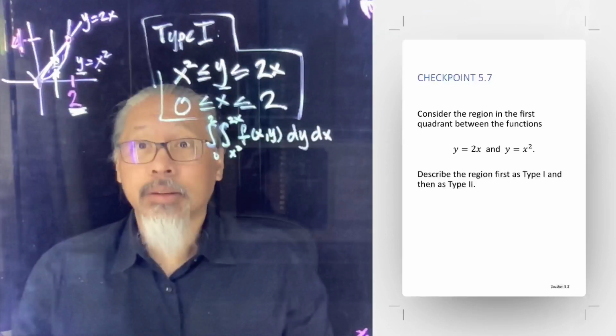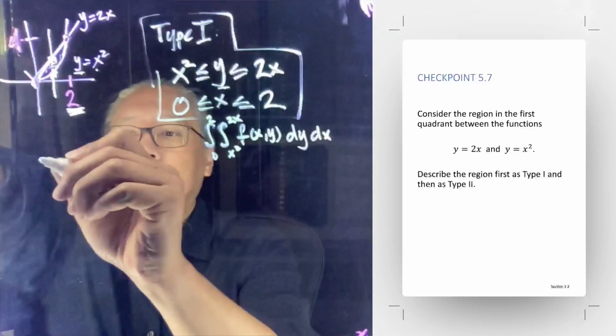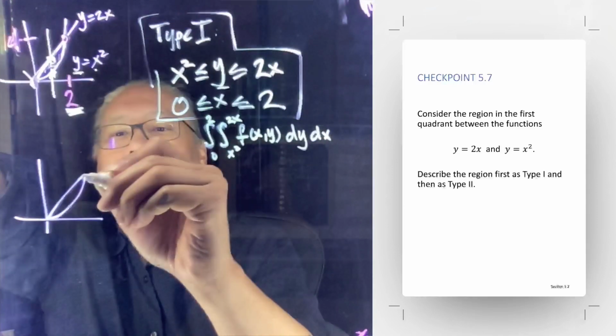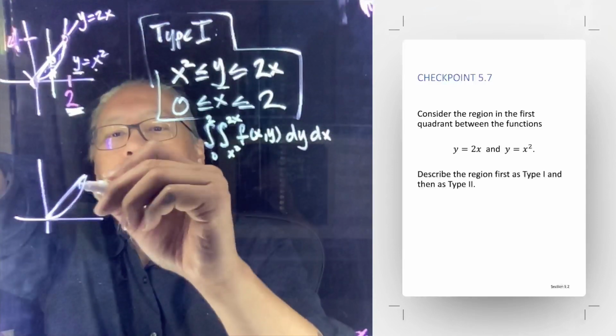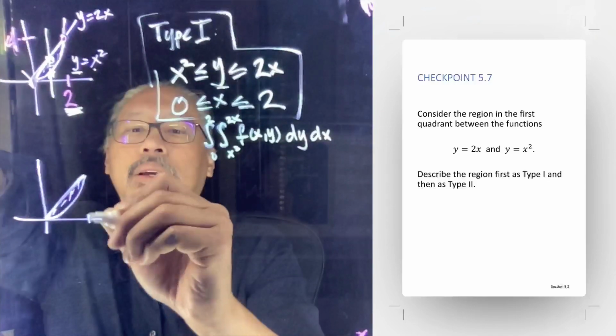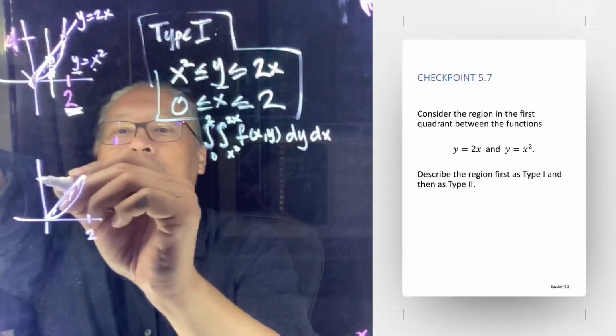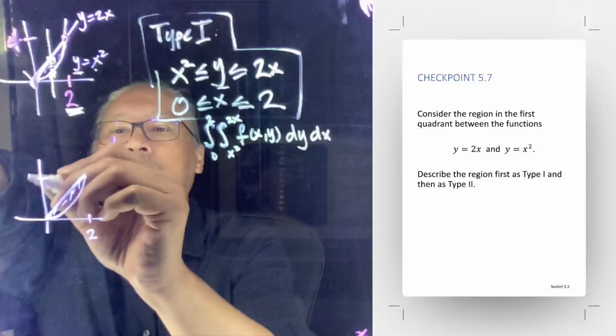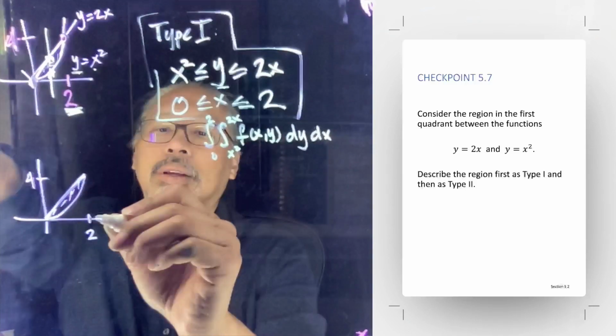Now let's reconsider the same area, the same region R that we're looking at. Again, we have the intersection at x is equal to 2 and y is equal to 4.